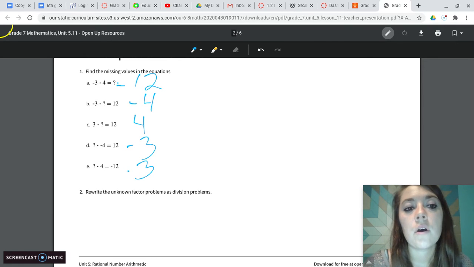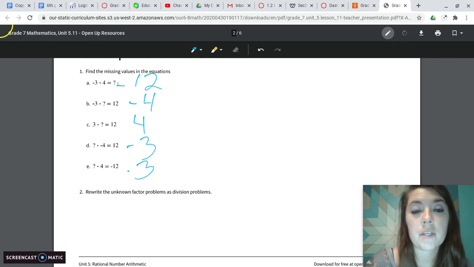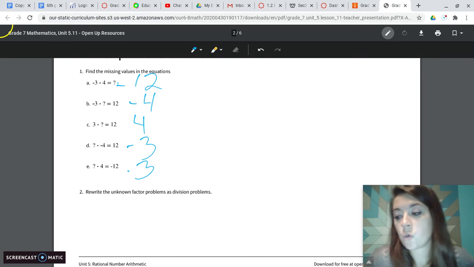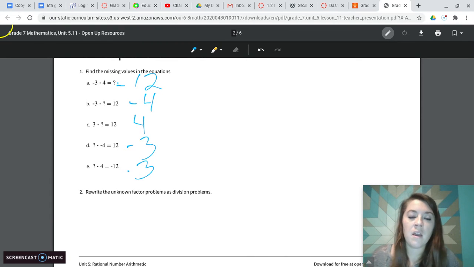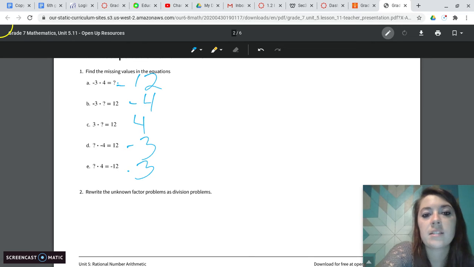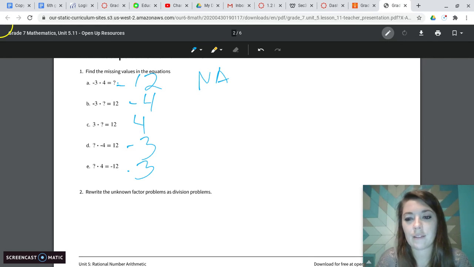All right, now these were all multiplication problems. Now we're going to look at converting these multiplication problems into division problems. So for the first one, it's not applicable. We can't do that based on what we were initially given there.